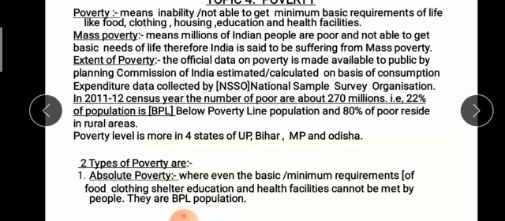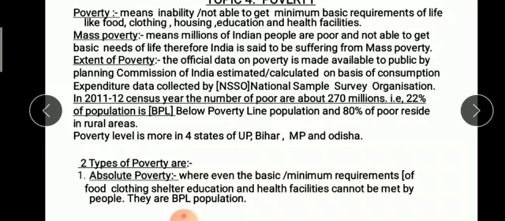BPL, I have written in brackets. You must know to expand it: Below Poverty Line population, Garibi Rekha ke niche. And 80% of the poor reside in rural areas. Out of this 22% people or 217 million people, 80% of these poor people live in rural India.